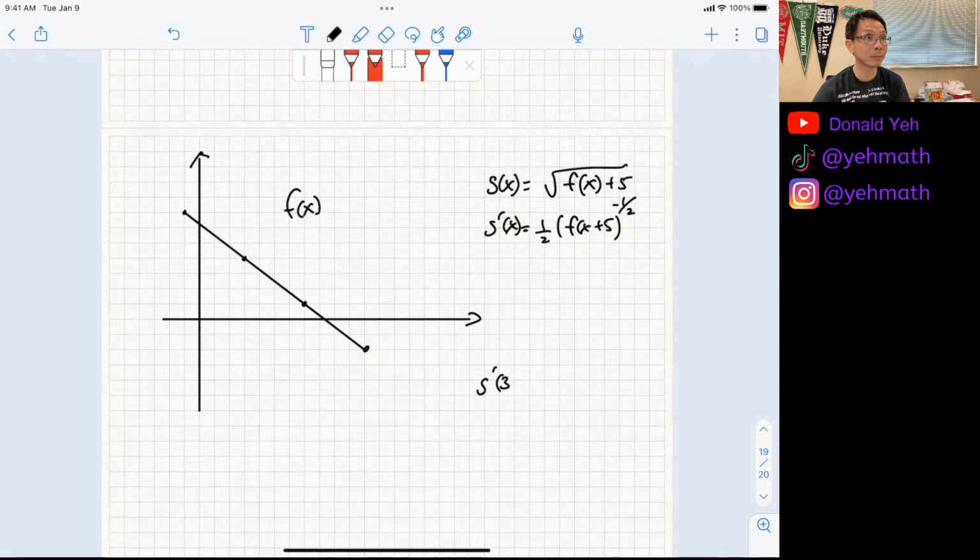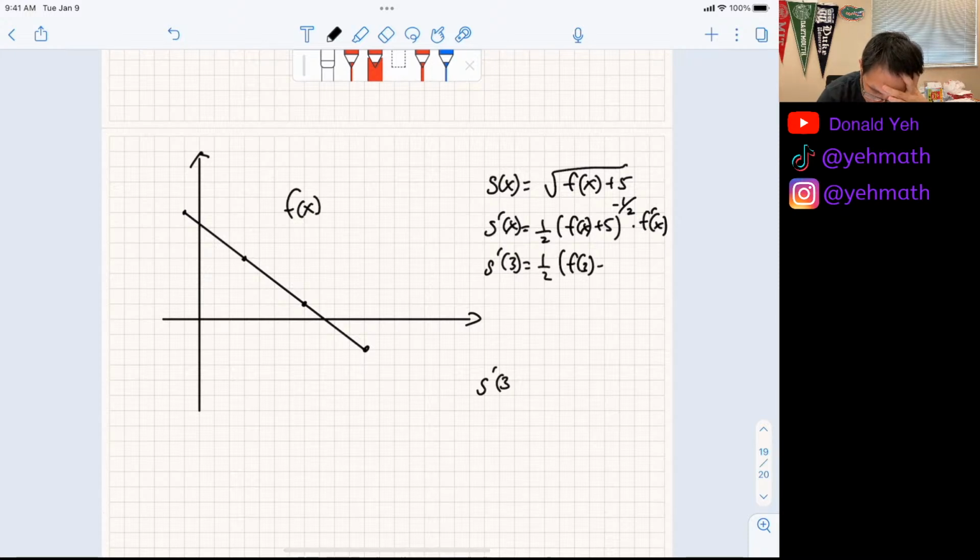Did you do that? Yeah. Times f prime of x. Did you forget that? You did that? Okay. Now, if I want to say g prime of 3 is equal to 1/2 times f of 3 plus 5 to the negative 1/2 times f prime of 3.